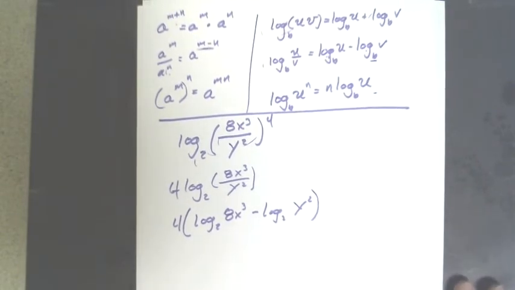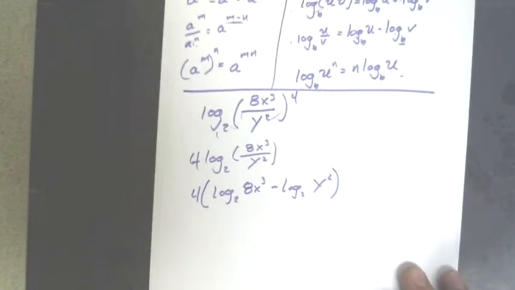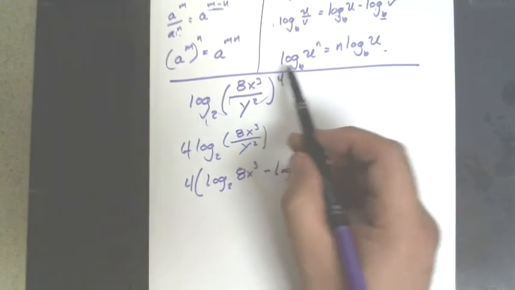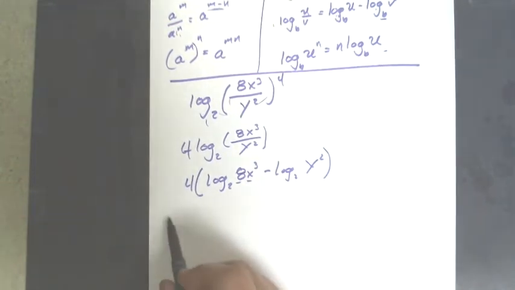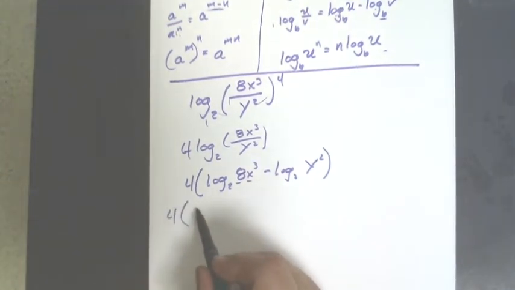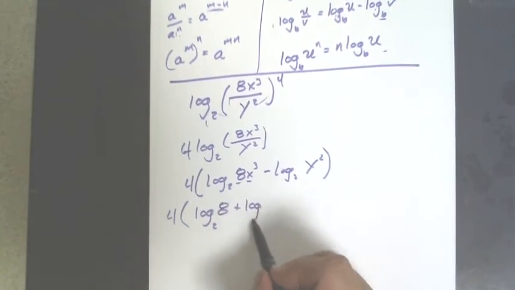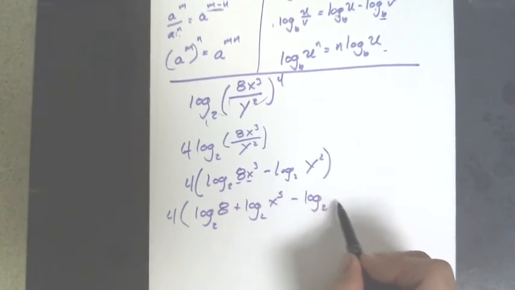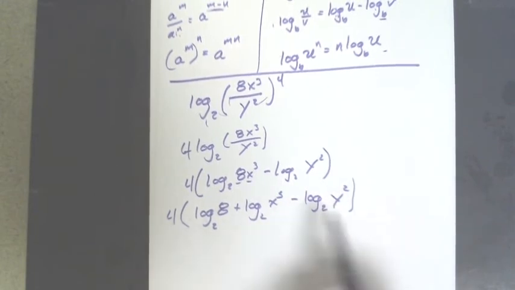It really is, at this point, up to you. Now, this is the log of something to a power, so we can use the power property there. But this is the log of two things multiplied together, so we could use our product property to separate those: log base 2 of 8 plus log base 2 of x to the third minus log base 2 of y squared. Could have applied the power property there, but I was going to do it all at once down here.